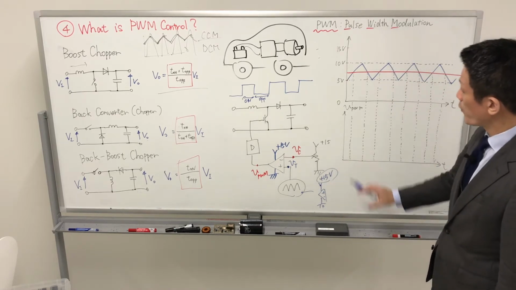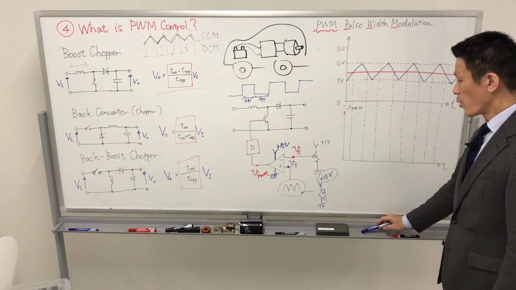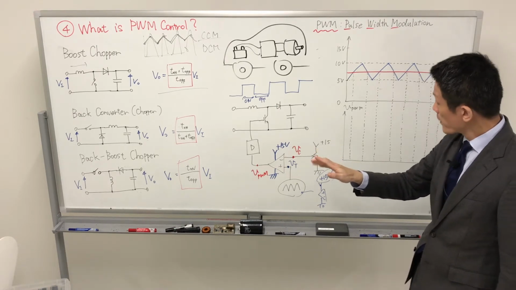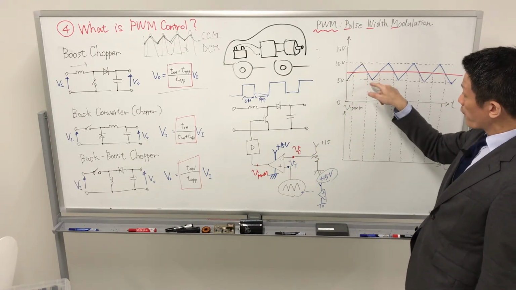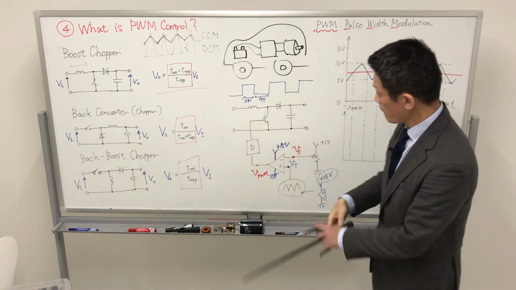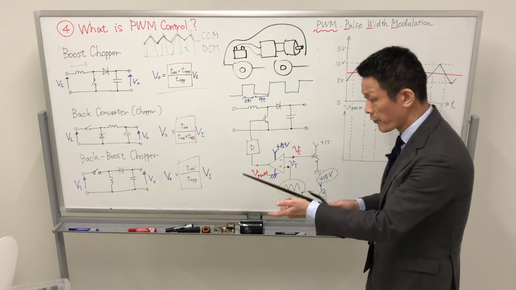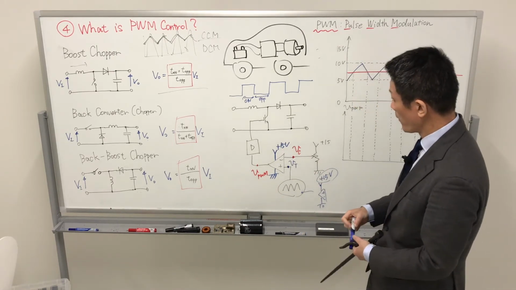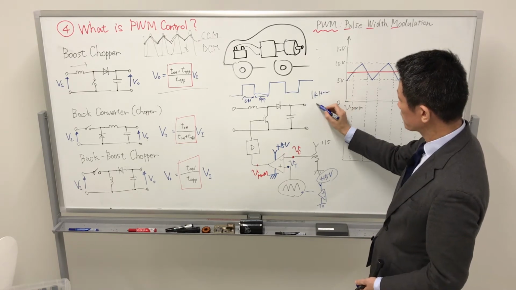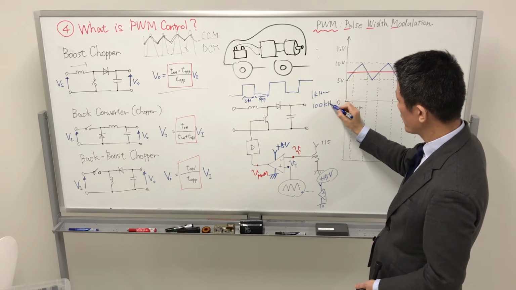In this case we can obtain this triangle waveform. And more, the signal for the power semiconductor devices is a very high frequency, for example 1 kilohertz or 100 kilohertz.